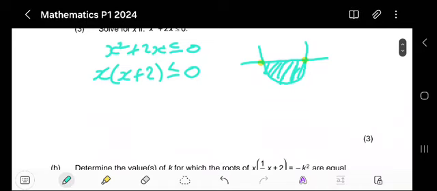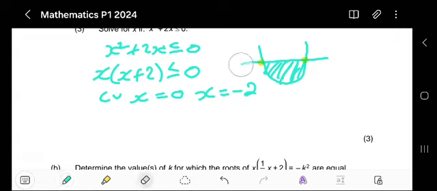Therefore, taking the critical values, x is equal to 0, or x is minus 2. From the sketch, you can draw minus 2 as the smaller value, then 0 here.